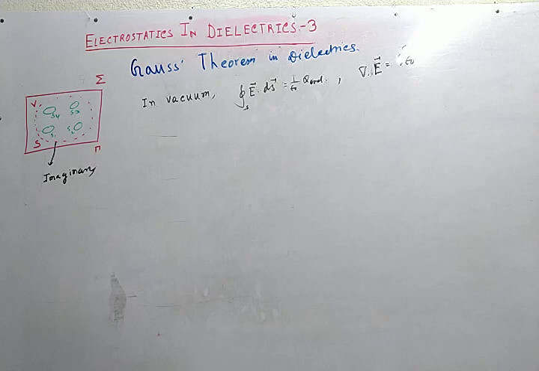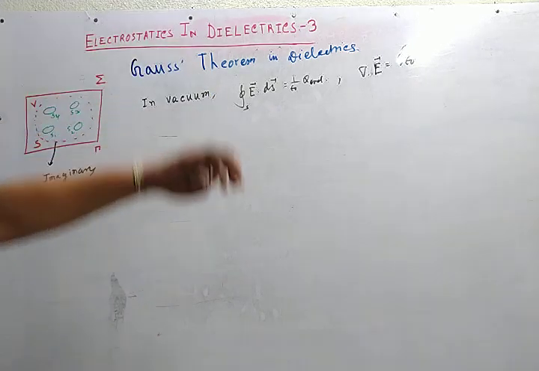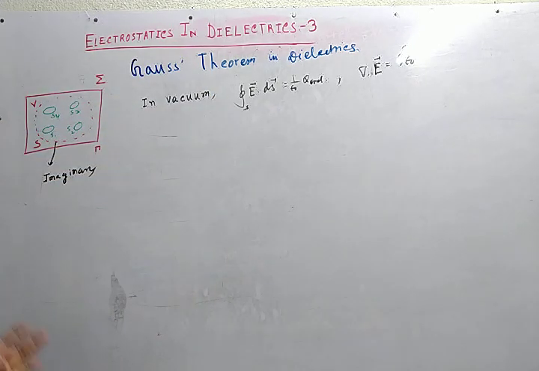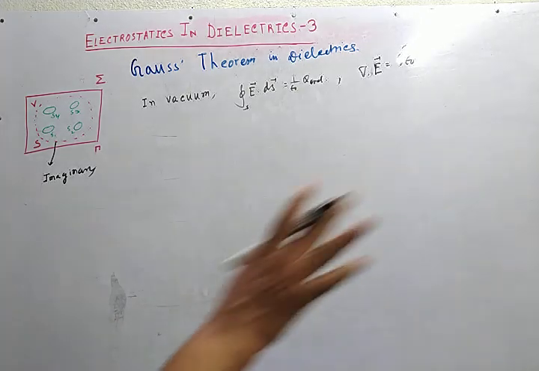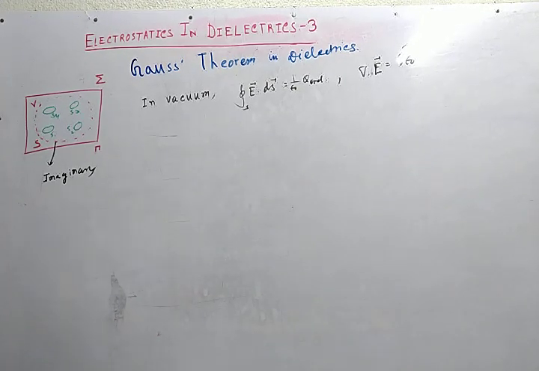The first thing that we want to find out is, what is the charge enclosed by the surface S. Now we know that the polarization charge occurs in the entire volume, which is taken care of by rho p, and on the surface separating two media, and this is sigma p.